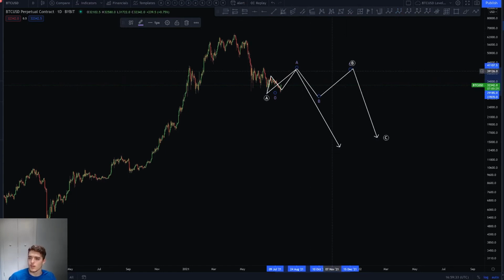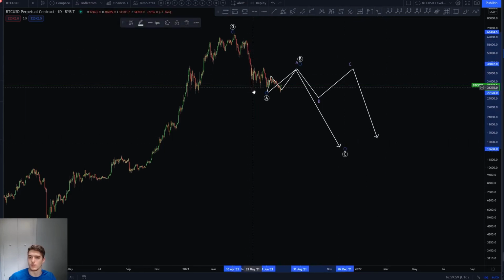So I wanted to bring your guys' attention to this scenario, because it doesn't necessarily mean that this is going to be the top of wave B. We have to see what happens off this peak. So if this is all an A, B, C to complete this B primary wave, we want to see an impulsive breakout to the downside to show that it might be potentially this wave C forming.